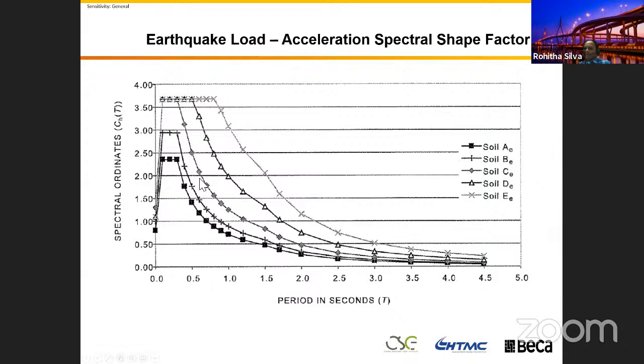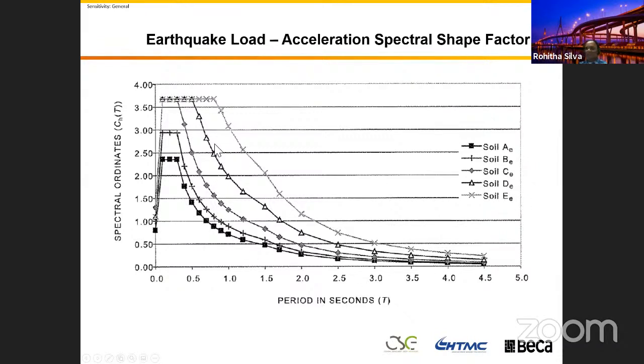You can see the acceleration spectral shape factor, this inertia force. If your substructure is sitting on really good rock, the curve is at the bottom.